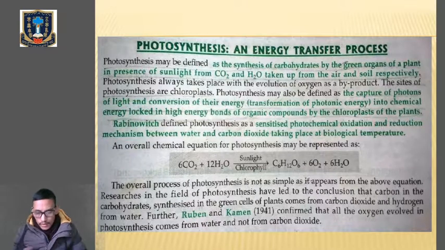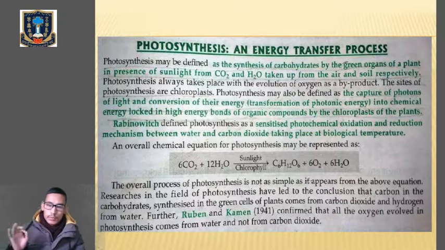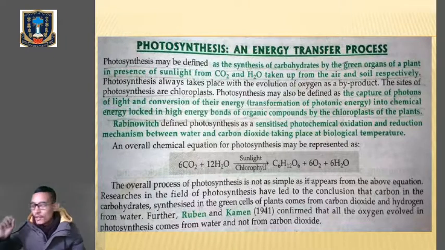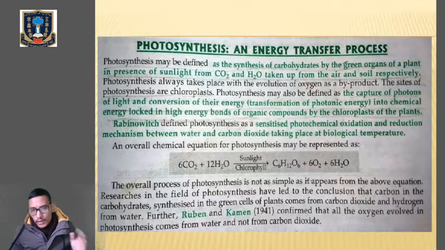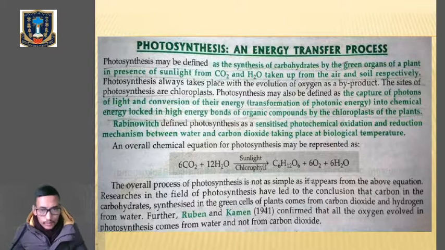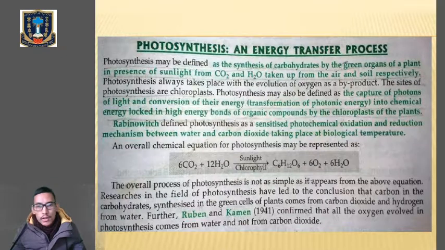Okay, so we can say that during photosynthesis the green plants that contain the pigment chlorophyll, in the presence of sunlight and carbon dioxide and water, produce the food or the carbohydrates. Clear? And in this process the oxygen will be evolved as the byproduct, so oxygen will be released into the environment.